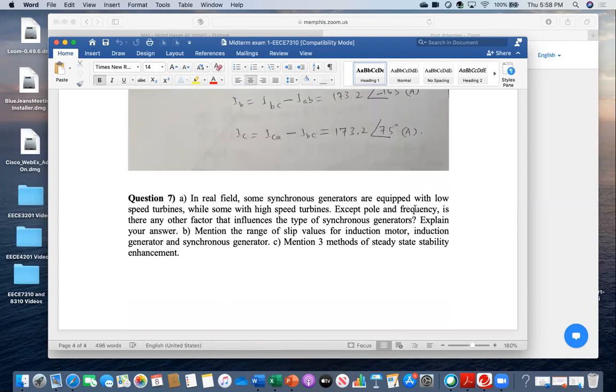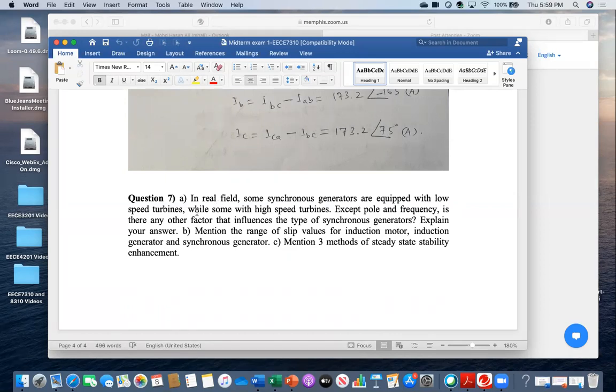Yes, the factor is the geographical location of the world, because it is geography that determines whether it is a low-speed or high-speed turbine. If there is a lake or water available, then you put a hydroelectric power project, which naturally has low speed.